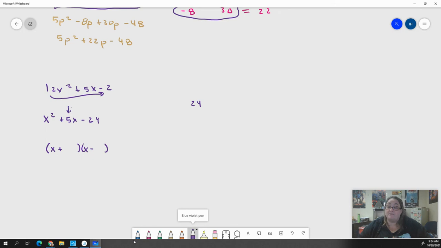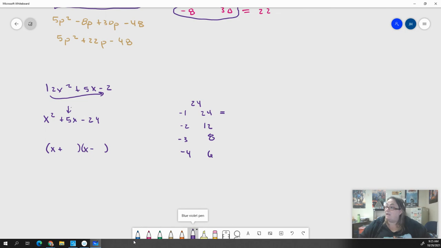This 5 is positive. So we know it'll be -1 times +24, and -2 times +12, and -3 times +8, -4 times +6, and -5 doesn't go into it, and then 6 is already accounted for right here. And so we're going to add these up and see which ones add to 5.